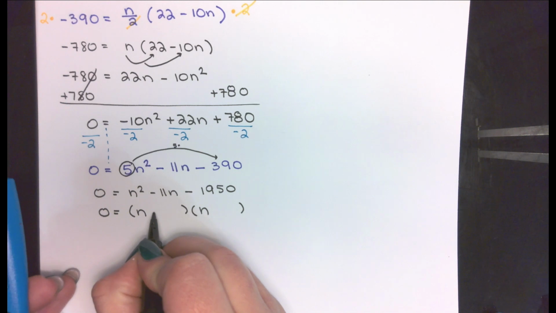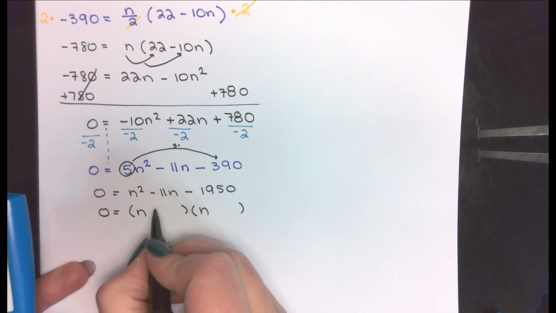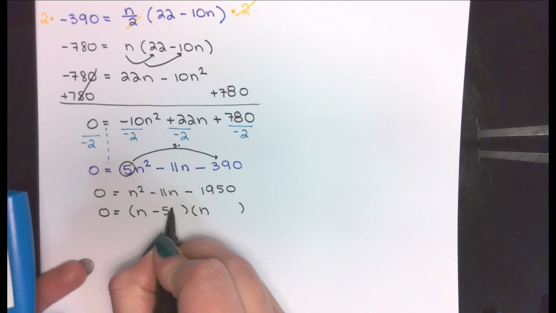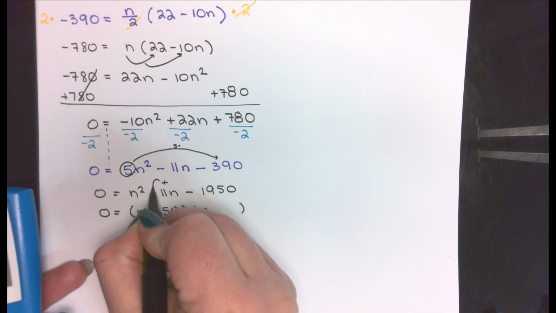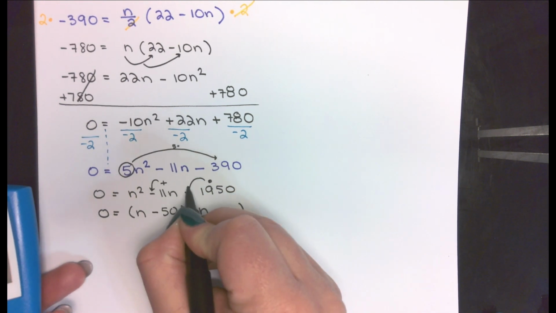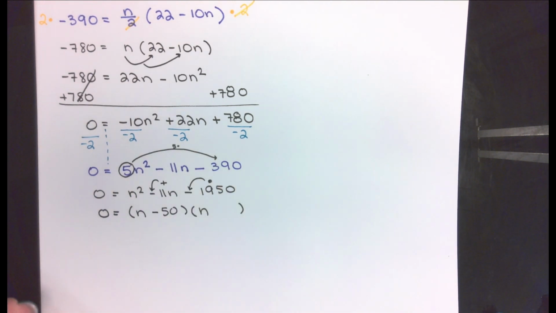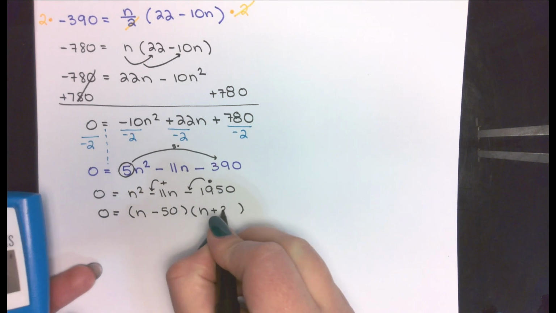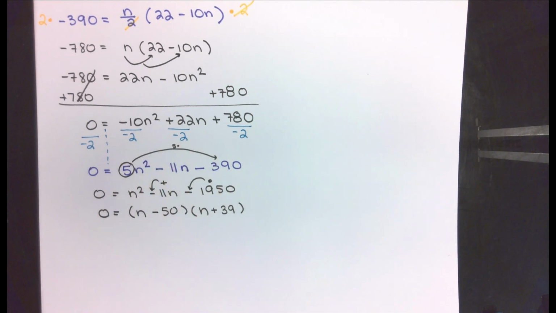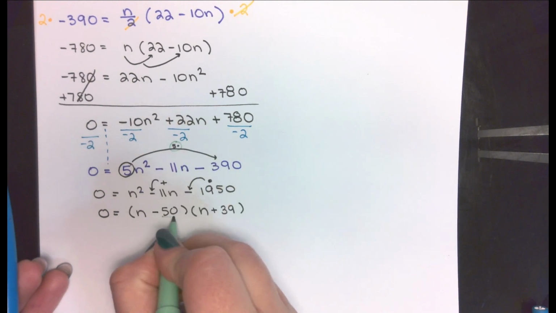So what did I say we had? We have a minus 50, because we want this to be negative, adding up to a negative, multiplying to a negative. And then that was a positive 39. Again, these are not your factors. These are temporary factors. Since we multiplied by 5, we have to divide by 5.